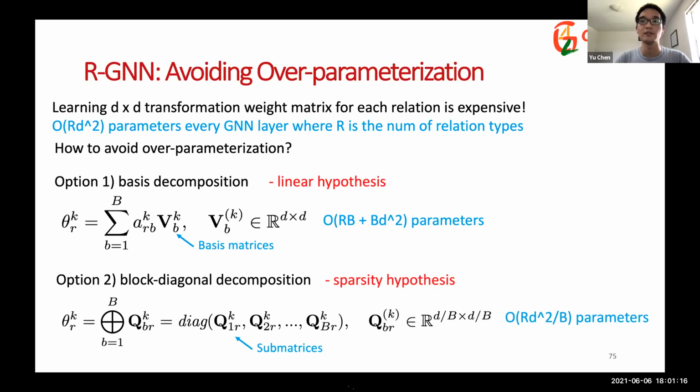The second strategy is the block diagonal decomposition, which can be seen as a matrix sparsity constraint applied to the relation-specific matrices. So that's the first type of GNN variants.